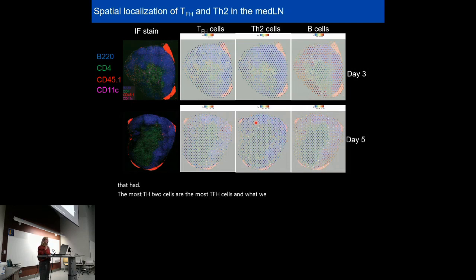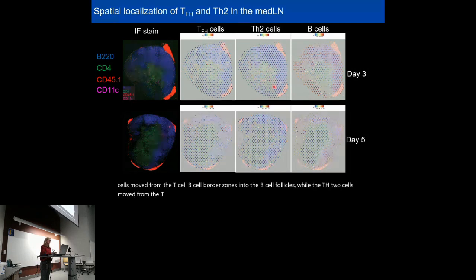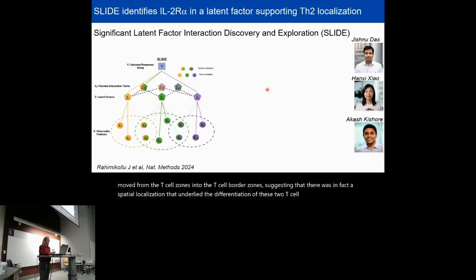And what we found was that over the time course of this study, from day 3 to day 5, the T follicular helper cells moved from the T cell B cell border zones into the B cell follicles, while the Th2 cells moved from the T cell zones into the T cell border zones, suggesting that there was in fact a spatial localization that underlied the differentiation of these two T cell populations.